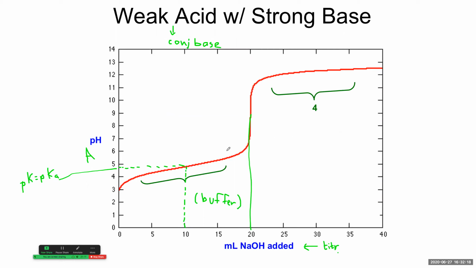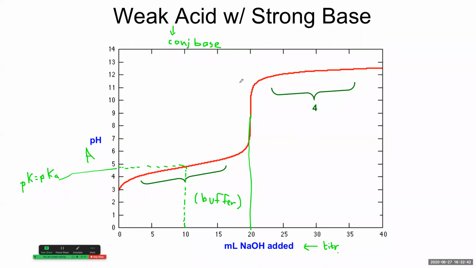And then as we go on, we hit region 4. Region 4, in the case of a titration of a weak acid and strong base, is exactly the same as region 4 in a strong acid, strong base titration. So there's no more acid left. All we have is a solution that contains some conjugate base, which is the salt, and water.